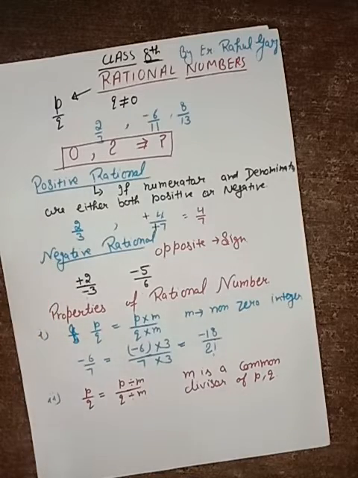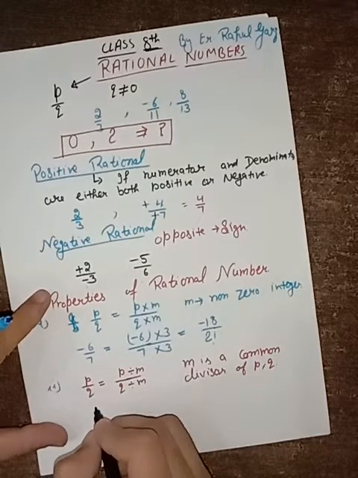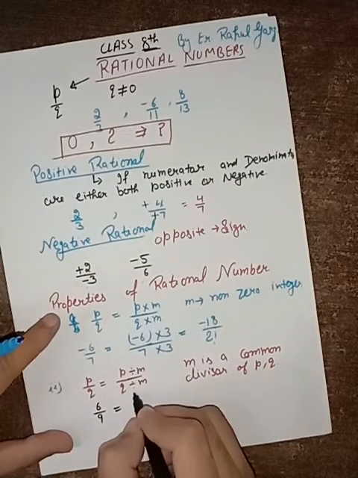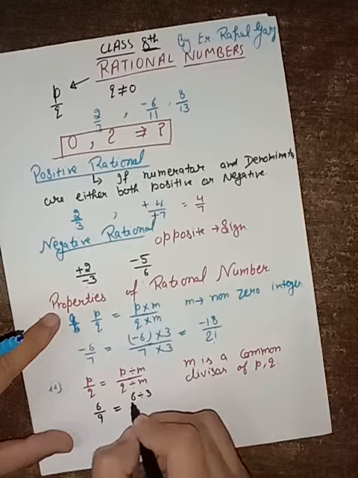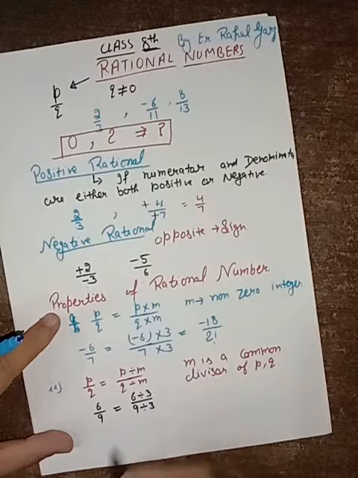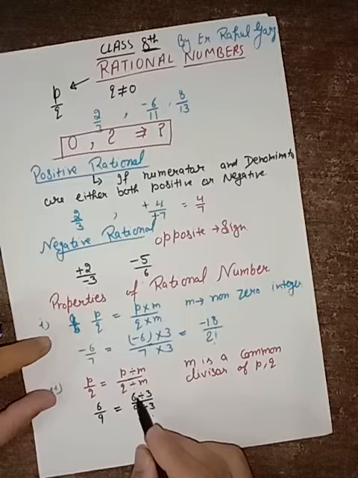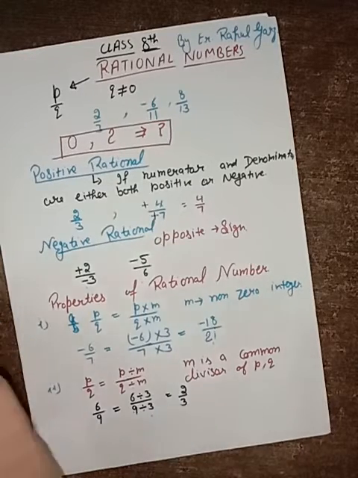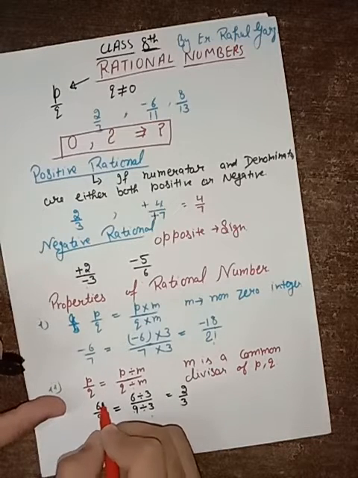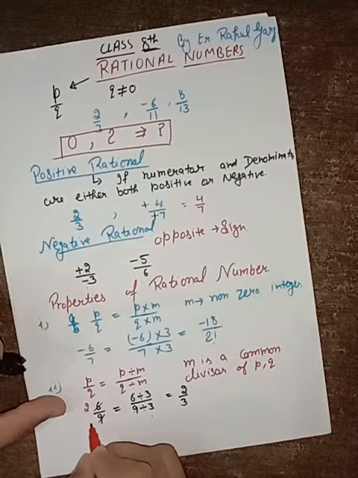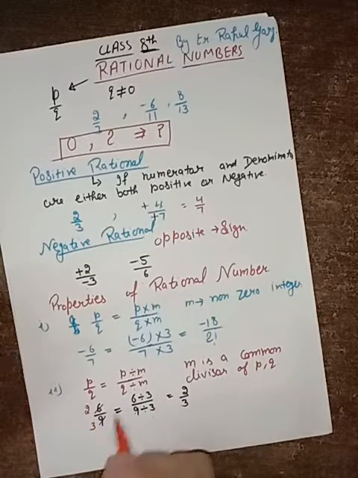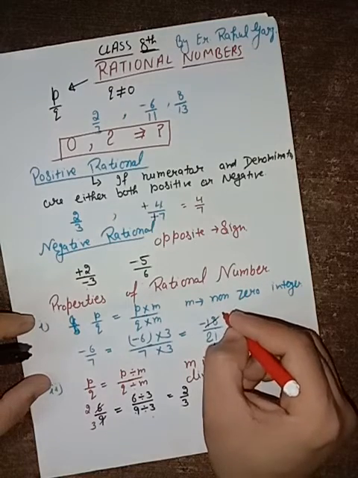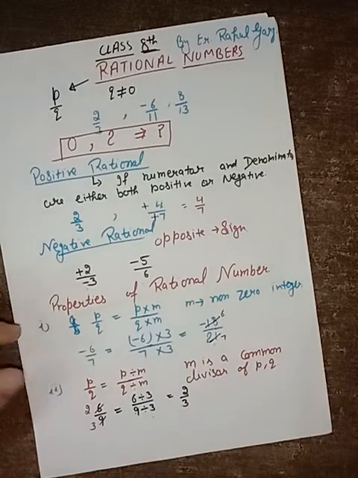If I am taking p by q as 6 divided by 9, then 6 divided by 3 and 9 divided by 3. Here 3 is a common divisor of 6 and 9. It will become 2 divided by 3. If you solve this, 3 into 2 is 6, 3 into 3 is 9, so 2 by 3. Similarly here, if I am cutting 18 with 3, it will become -6 and 7.